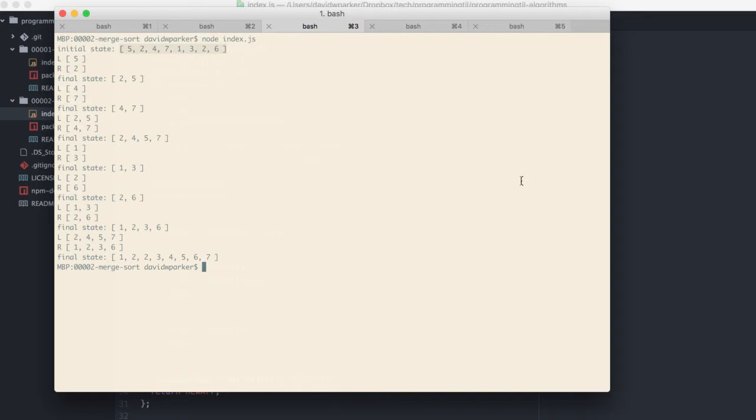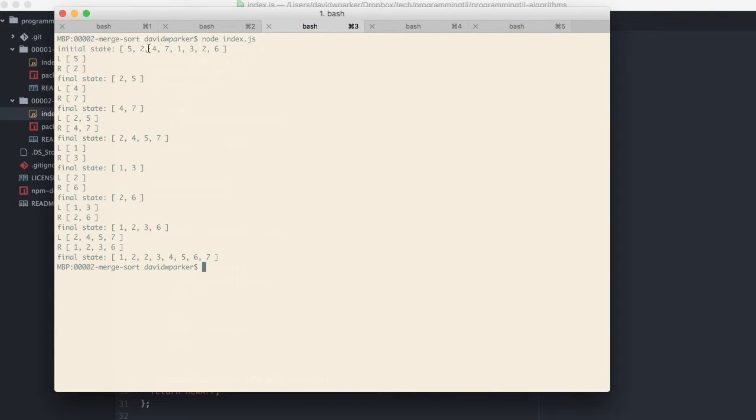So what we're going to do here is break this up into two arrays, and then break this array up into two arrays, and then break that array up into individual pieces. And once we're down to either 0 or 1 indices, then we know we can't divide anymore.